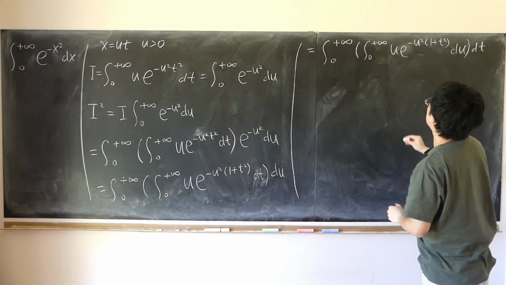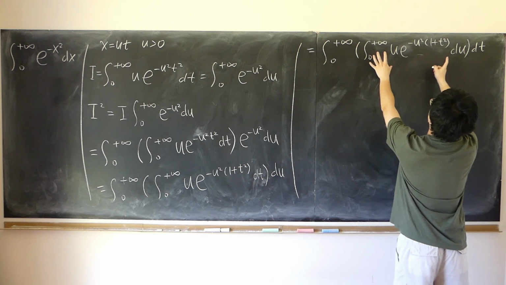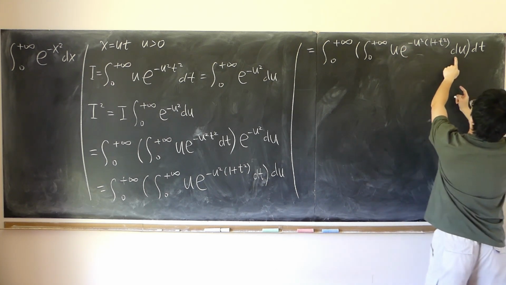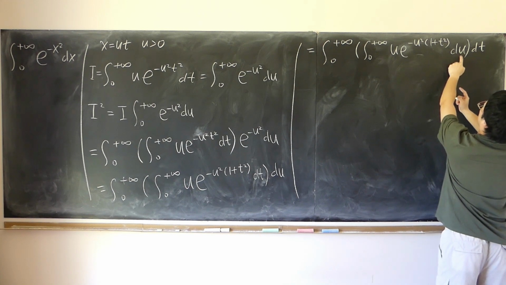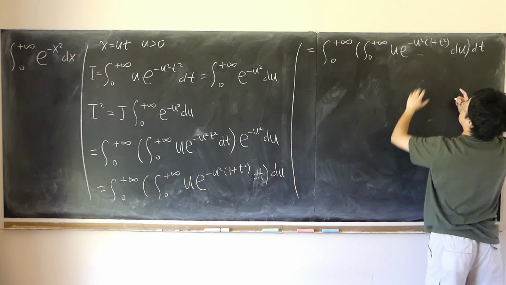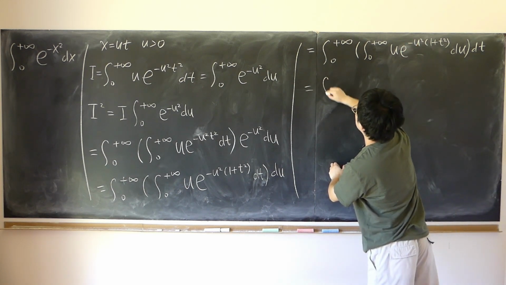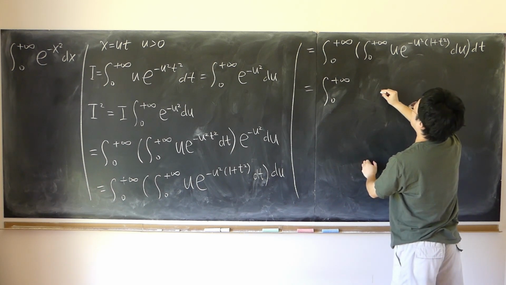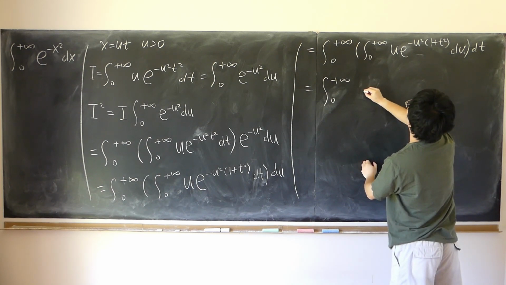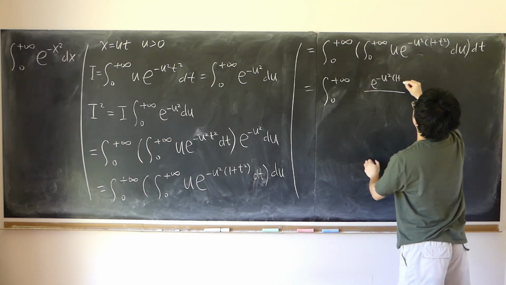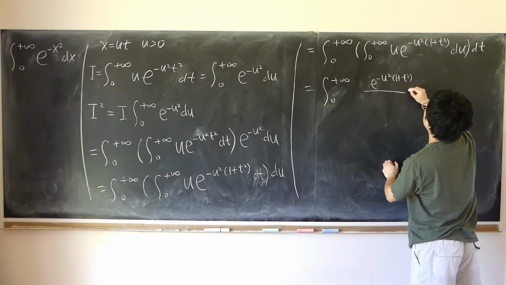I change the order. So this time the inside integral should be very easy. Just treat t as a constant, integrate with respect to u, and the antiderivative of this integrand is easily just, copy it down, e to the negative u squared, bracket 1 plus t squared.